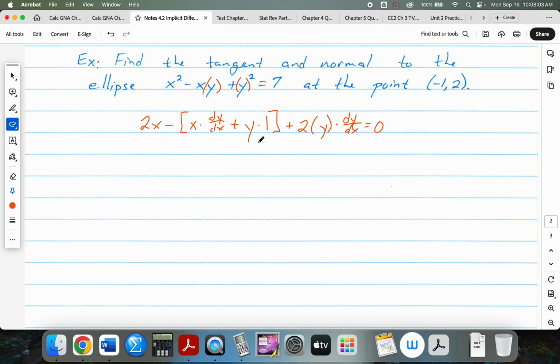So let's go ahead and distribute the negative and gather up the dy/dx's. So I'm going to have 2x minus x dy/dx plus y plus 2y dy/dx.